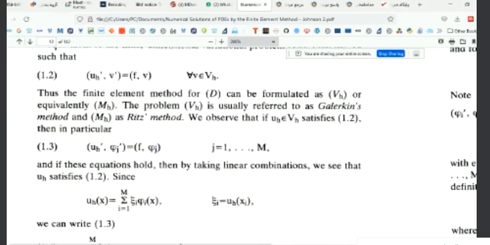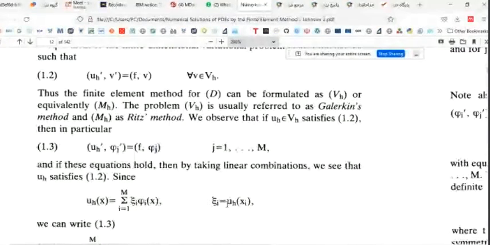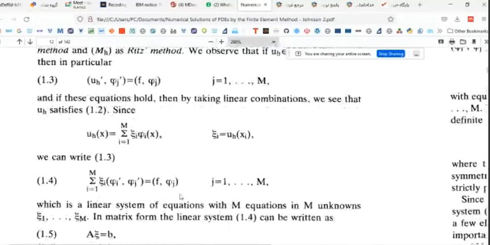We see that uh equals the sum from i equals 1 to n of ξi psi_i(x), and ξi equals uh at xi, which we can write as 1.3, as 1.4, the same one.